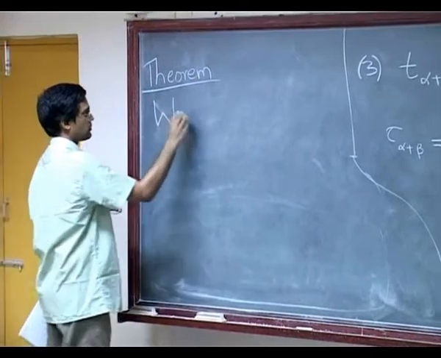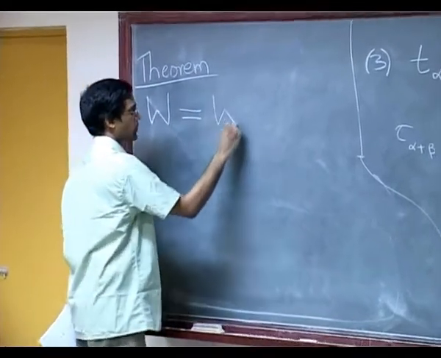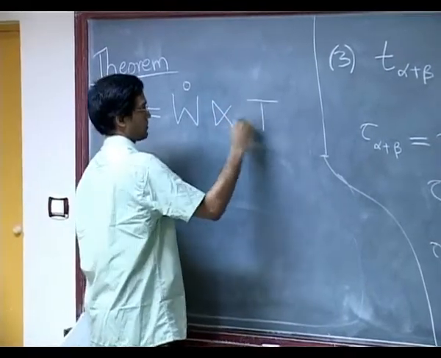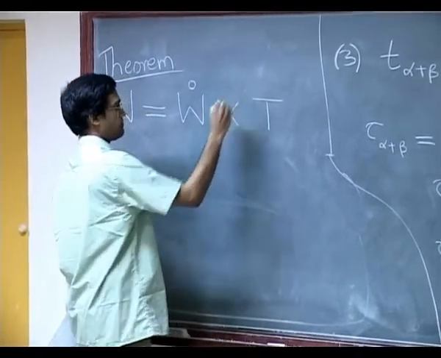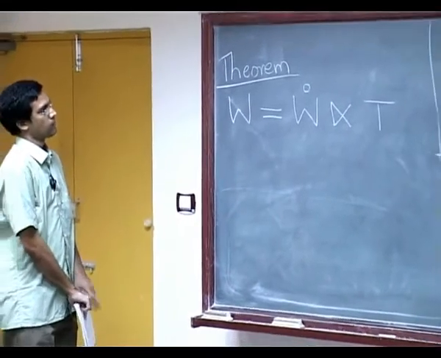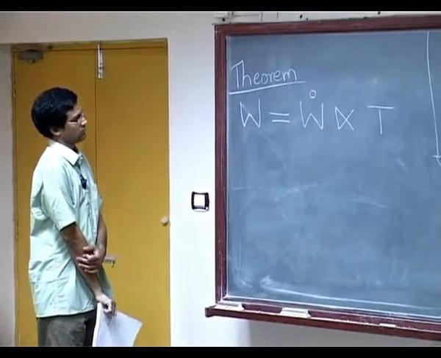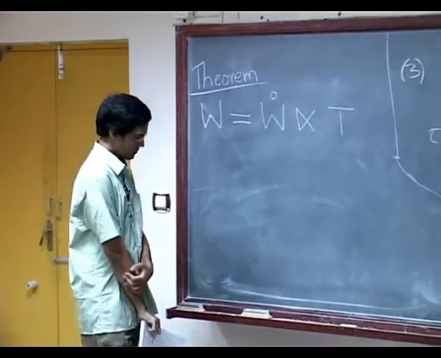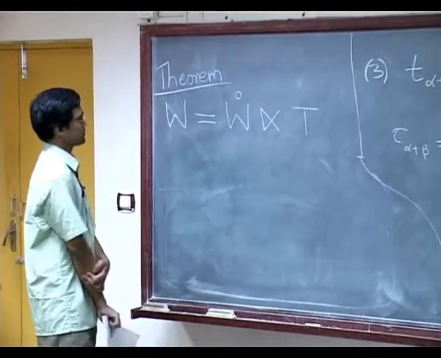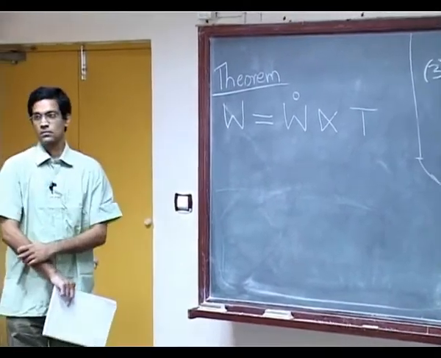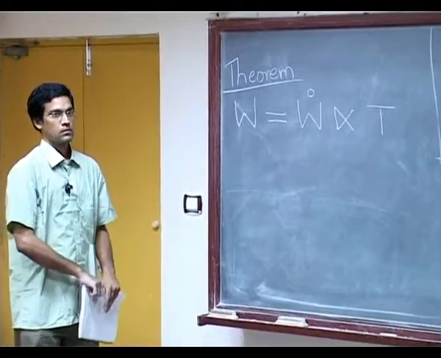The affine Weyl group W is in fact the semi-direct product of these two subgroups, W naught and T of M.